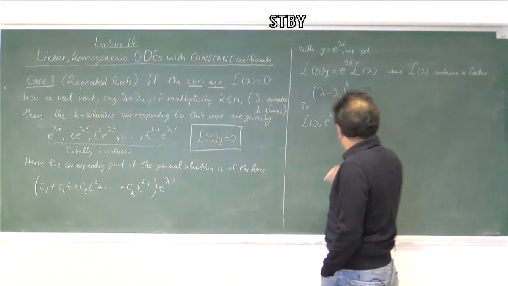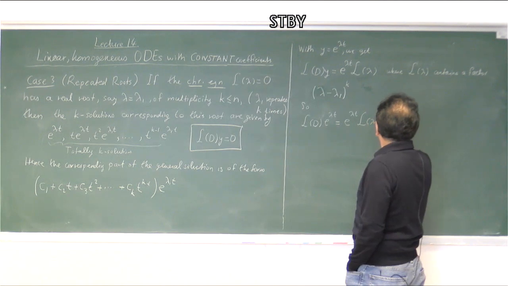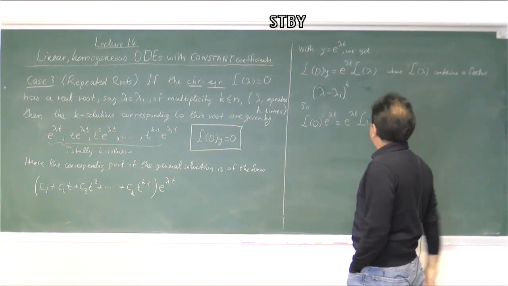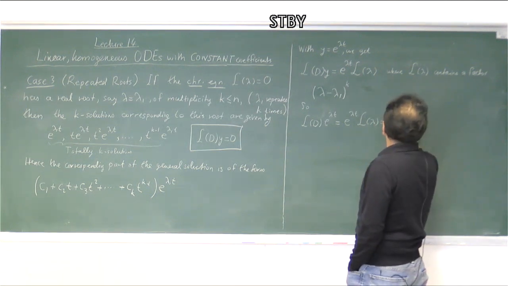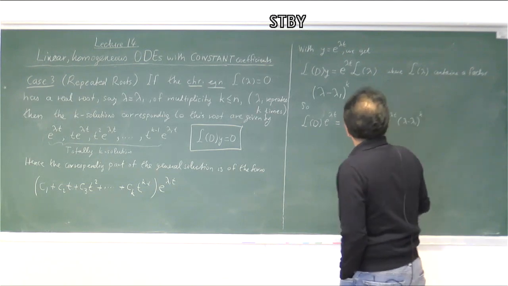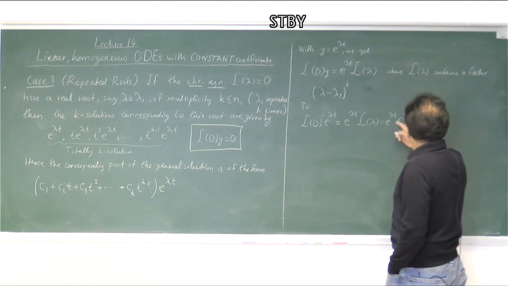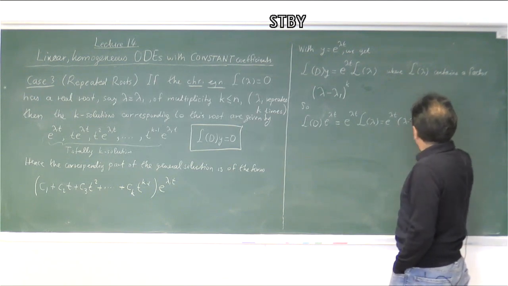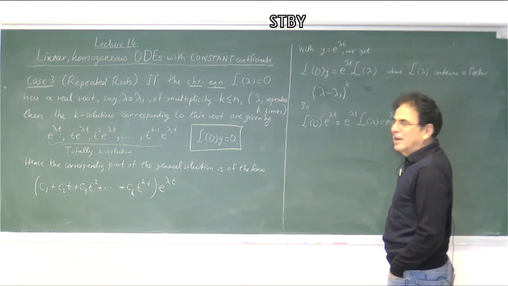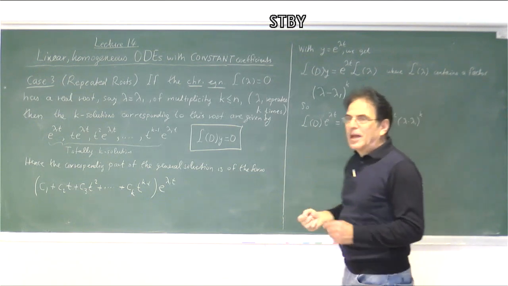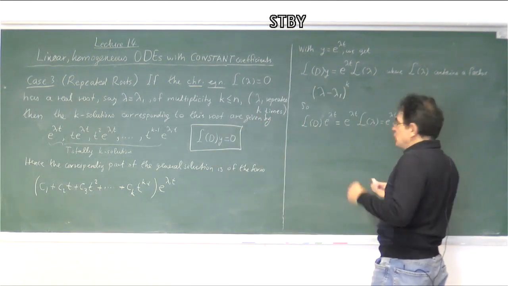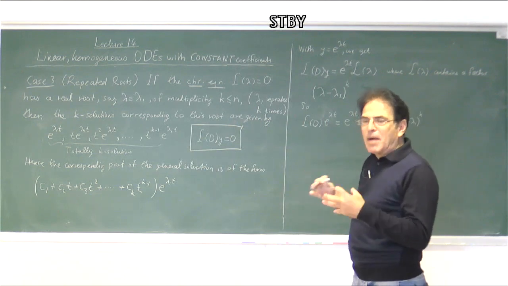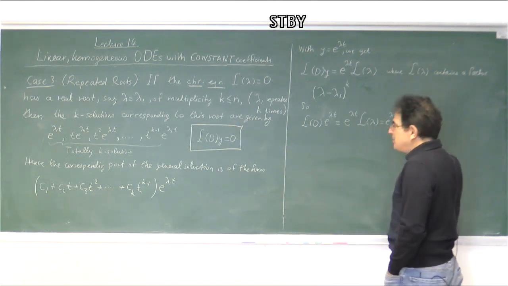And this e to power lambda t, L of lambda contains this factor lambda minus lambda 1 to power k times, look, this is a polynomial of degree k in lambda, and recall that L of lambda is a polynomial of degree n, so it remains a polynomial of degree n minus k in this decomposition.